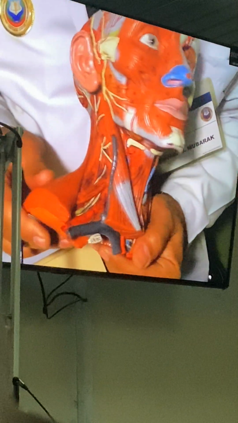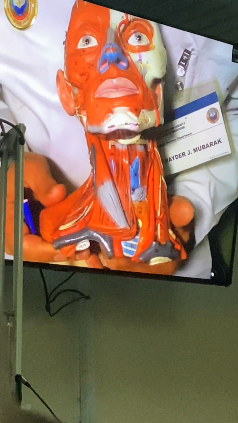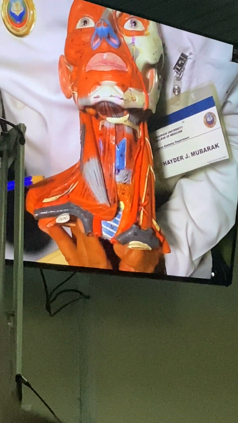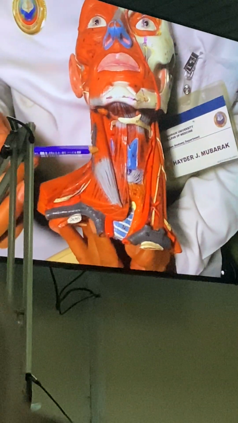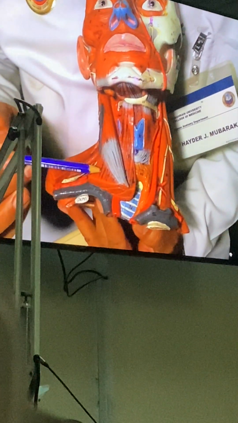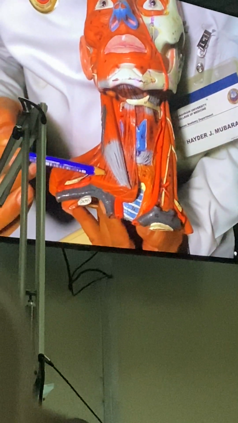What else to be demonstrated here? If we turn the sample more anterior, you will notice that the sternomastoid muscle shows two heads of origin, sternal and clavicular.